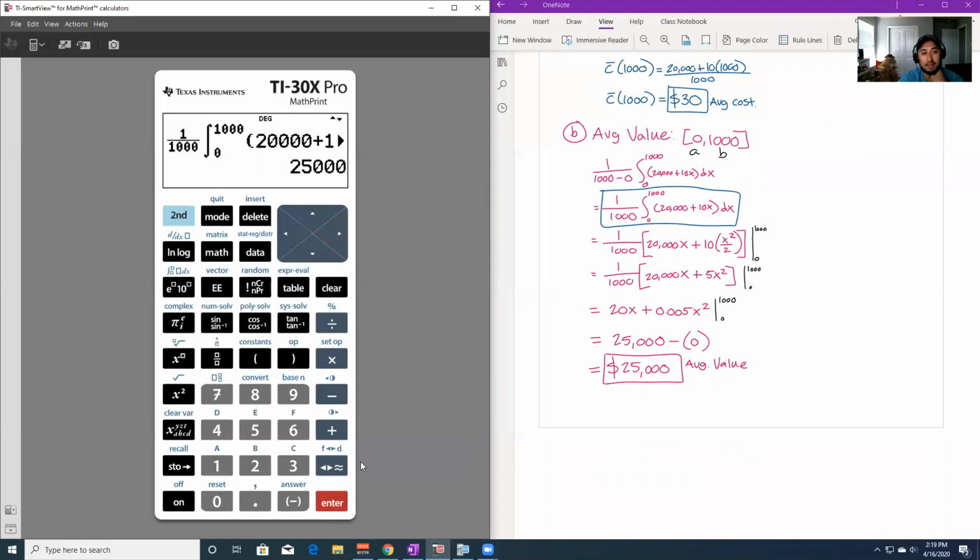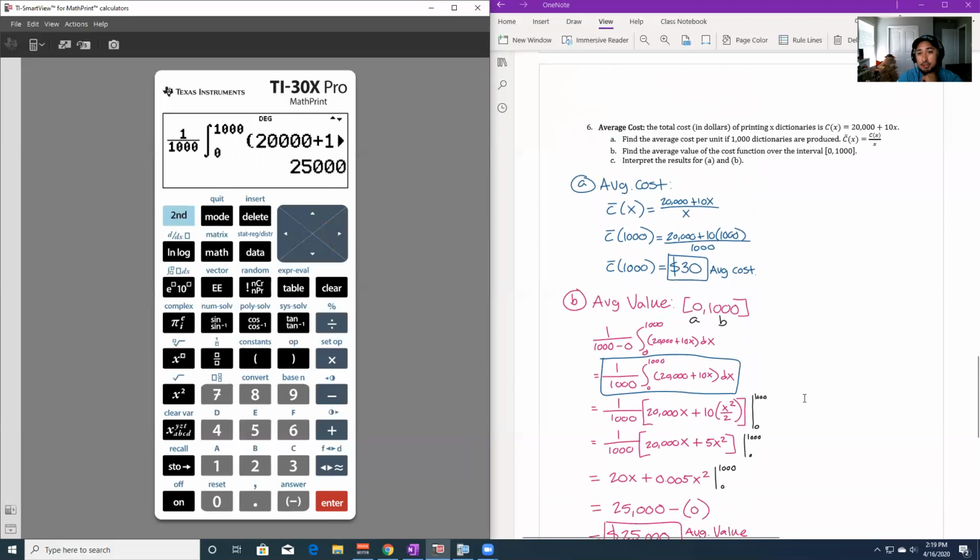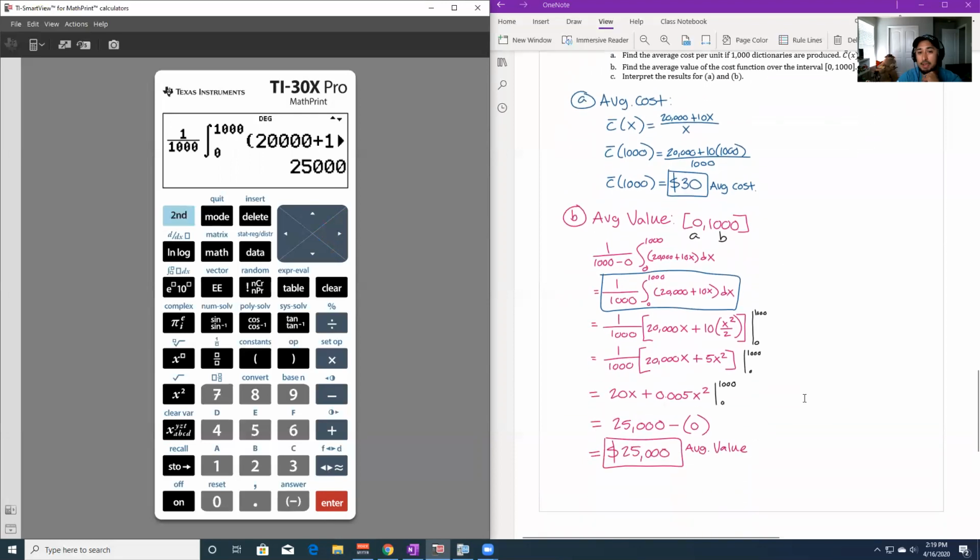Boom, 25,000, right on the money. Yeehaw, huh? Okay, cool. So the C says interpret the results from A and B.